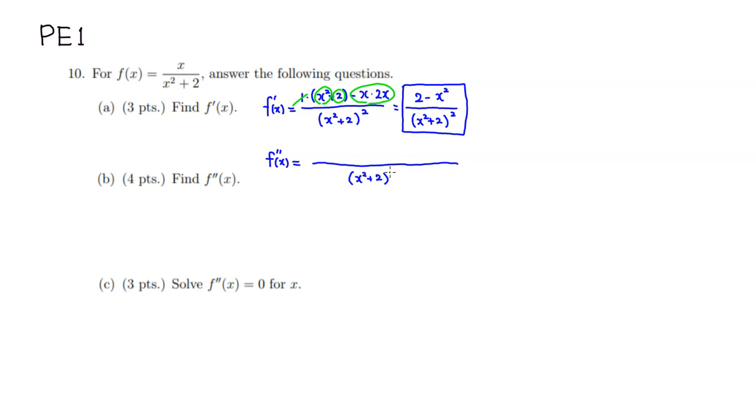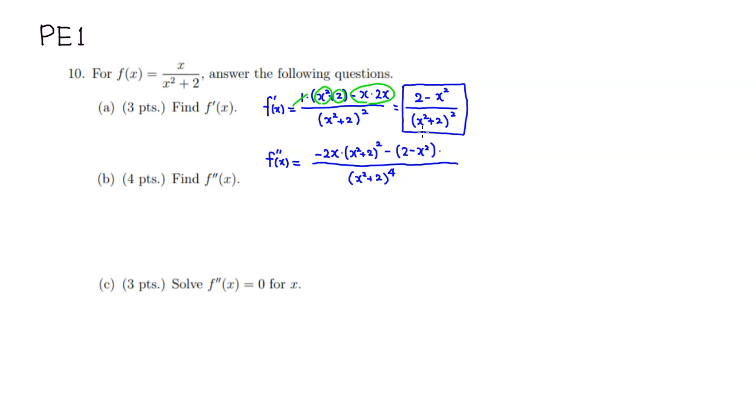If you square that, it's going to be the fourth power. The derivative of the top is negative 2x, times the bottom, which is the quantity x squared plus 2, squared, minus the top, just copy 2 minus x squared.